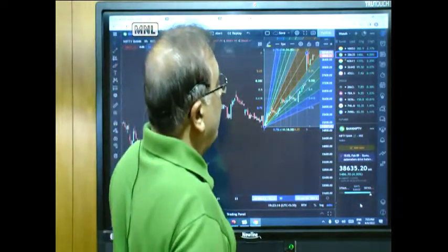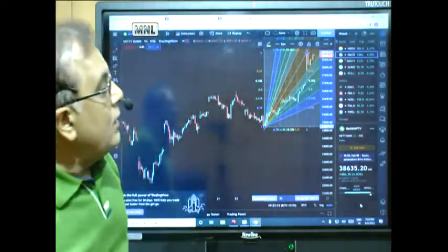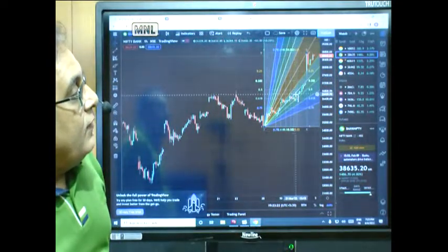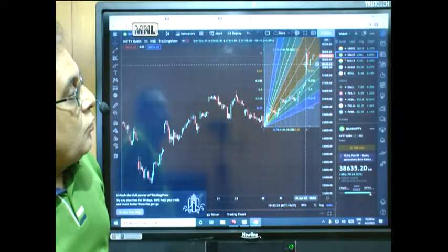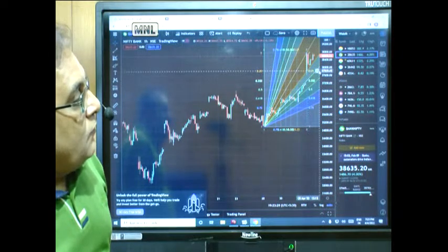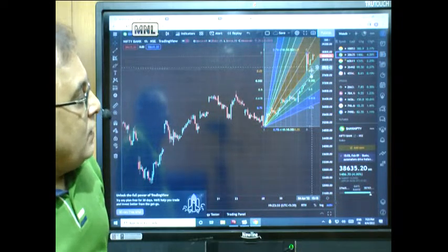Bank Nifty right now, today, after it moved to this particular level and started to come off from it, you can see, like Nifty, it also took support at 0.25, the 0.25 line which was drawn from this.